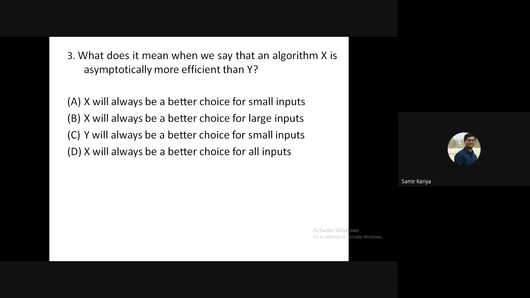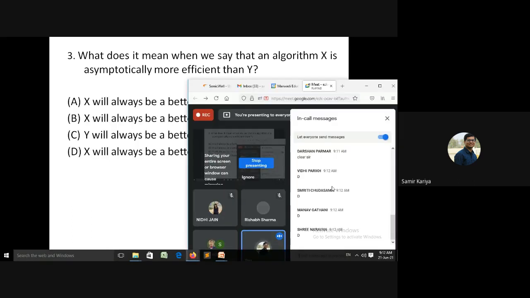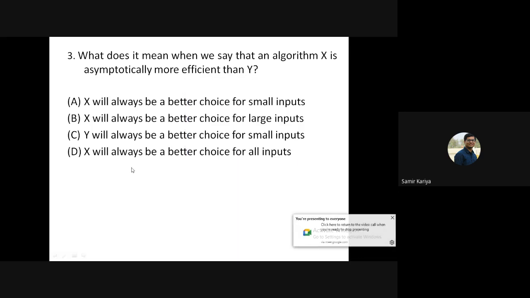That means X algorithm is efficient compared to Y. So we have to choose the options. What's your answer? Option D? No. Just try to remember from the start: what is the meaning of an efficient algorithm and what do we have to focus on?